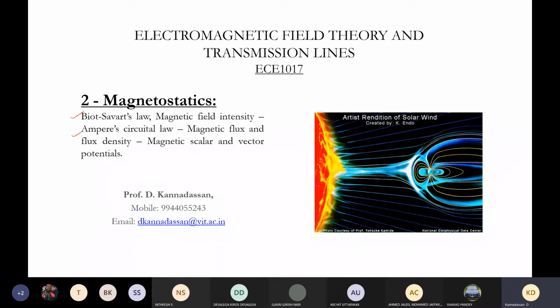Everything, from nanoscale level to macro scale level, can be characterized within the classical theory of electromagnetics itself. In some crucial applications, we need to go with the so-called quantum theory. Other than that, 90% of the structures can be numerically solved with this electromagnetic field theory. That is why we have to study this in a very sincere manner.